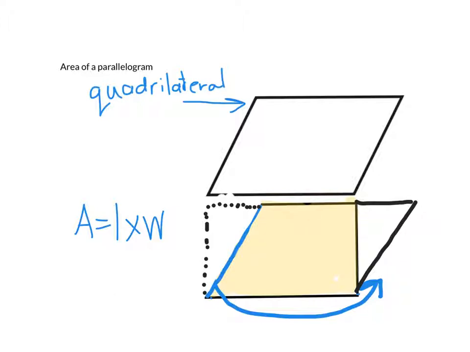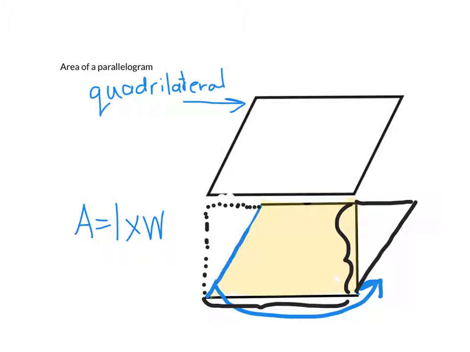When we calculated the area of a rectangle, I used this dimension and this dimension. We're going to use the same dimensions to calculate the area of a quadrilateral.